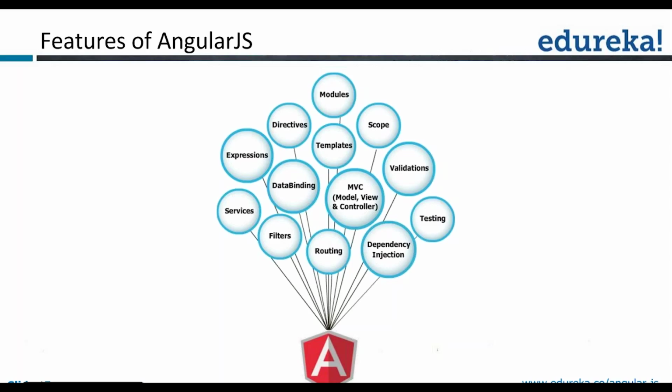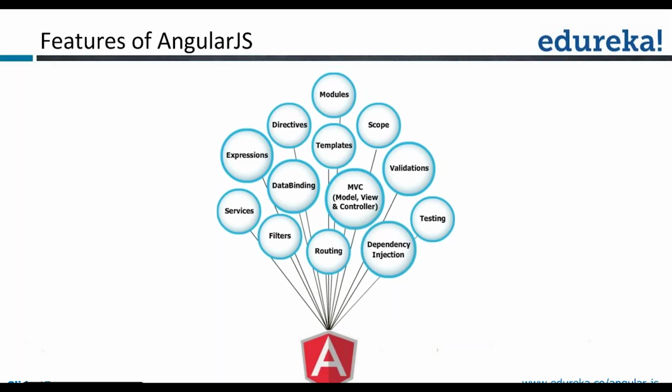It also has something called directives, which help you create your own directives, and you can create a domain specific language. When I speak about domain specific language, we can create custom directives in our application, specifically to create components that can be used across the application or company wide.